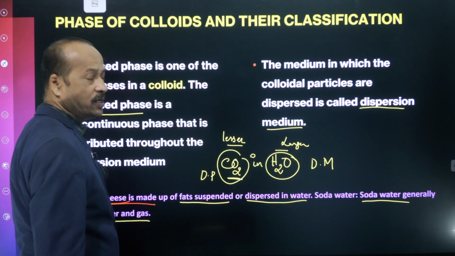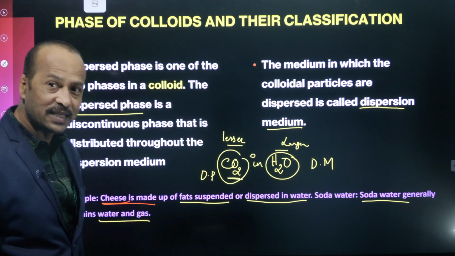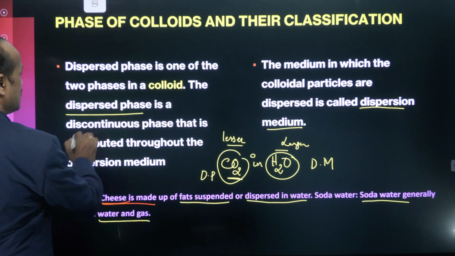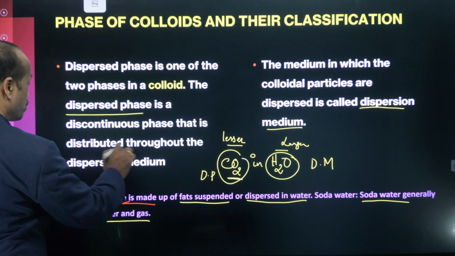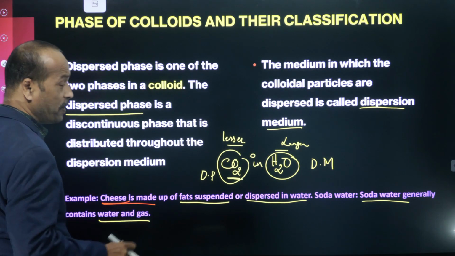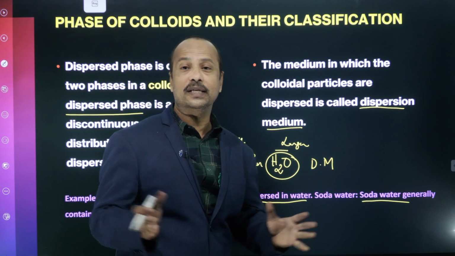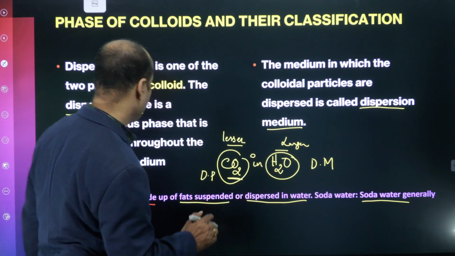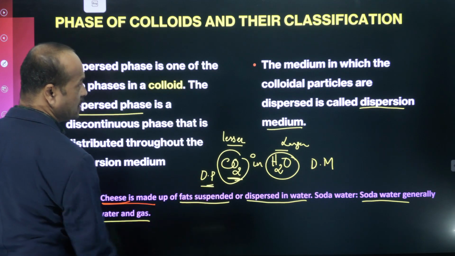Which is larger is DM, which is lesser is DP. The dispersed phase is a discontinuous phase that is distributed throughout the dispersion medium. So the carbon dioxide is dispersed throughout the water, hence carbon dioxide is called the dispersed phase.